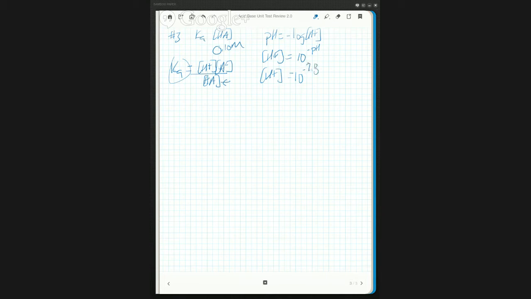So I plug that in, and that means that my H plus concentration is equal to 0.0015848, et cetera. We're going to call that 1.58 times 10 to the negative third molarity.